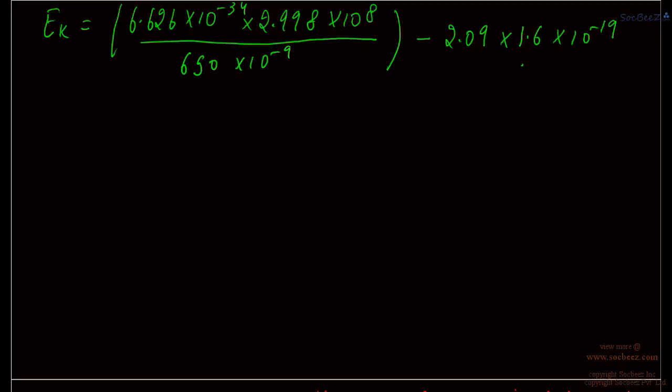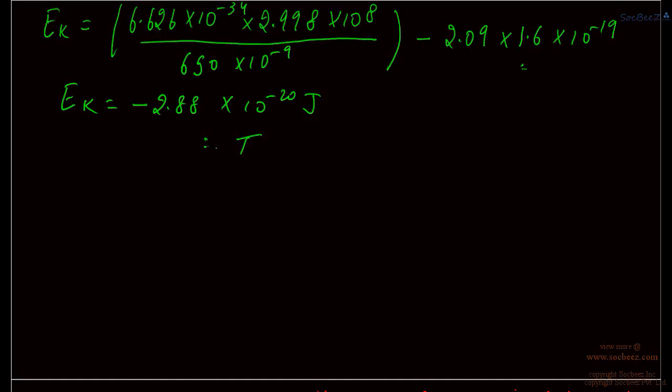The value of phi is given as 2.09 electron volts, so we have to convert it into joules by multiplying with 1.6 into 10 raised to the power minus 19. If we simplify it, the value of Ek comes out to be minus 2.88 into 10 raised to the power minus 20 joule.